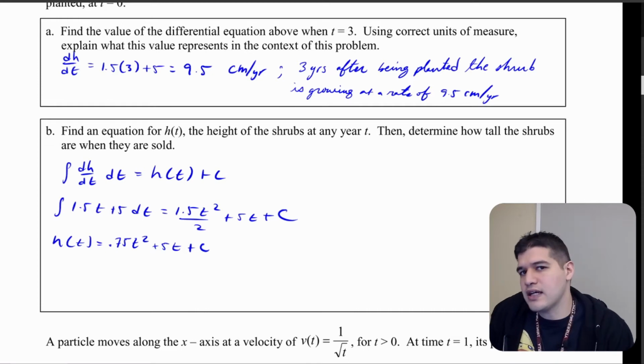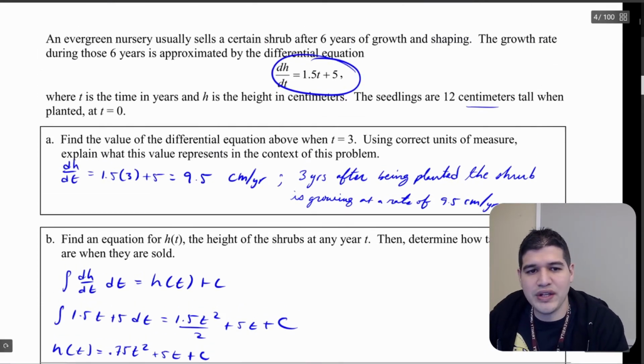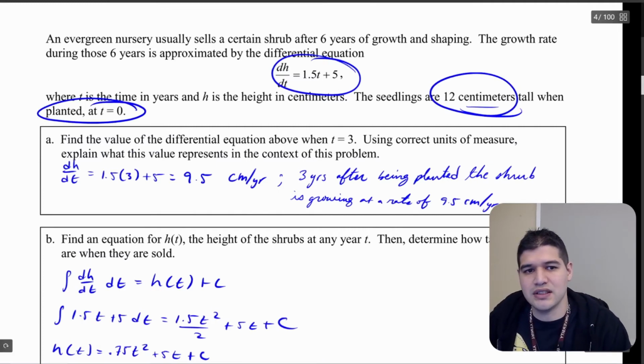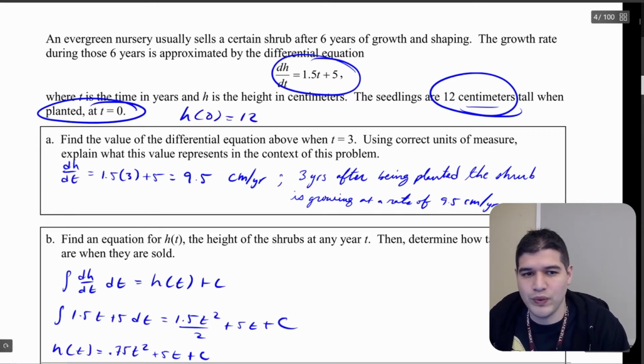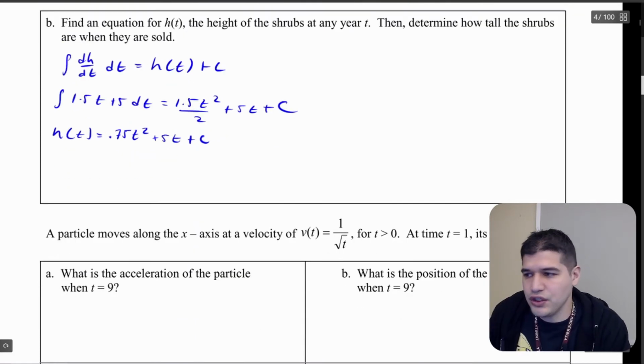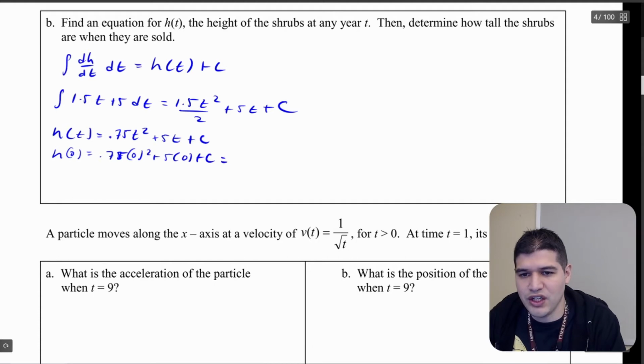Now there is some information in the problem that is going to help us out. We know that the seedlings are 12 centimeters tall when planted at t equals 0. So we know that h of 0 is going to be 12. We need to keep that into account. If I find h of 0, that's going to be 0.75 times 0 squared plus 5 times 0 plus c, and we know that is going to be equal to 12.